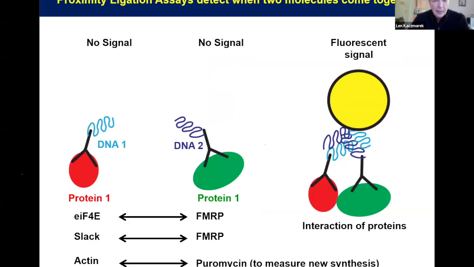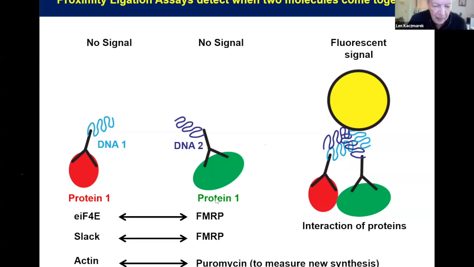Okay, so I'm just going to quickly explain the proximity ligation assay experiment. This is an experiment where you take two proteins. They don't have to be proteins, they can also be other things, like drugs. You have antibodies against the two of them, and those antibodies are bound to DNA, and if these two DNAs interact, that can be amplified, and so you will only get a fluorescent signal if two proteins come together.